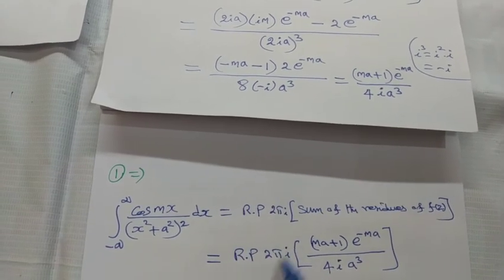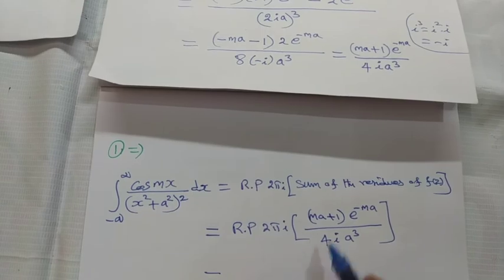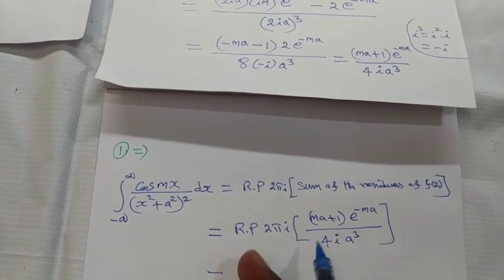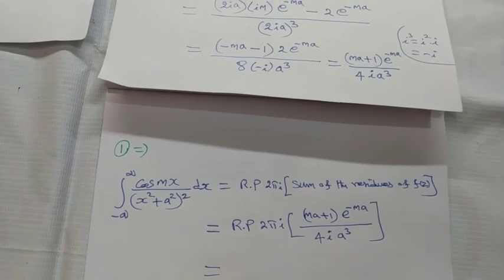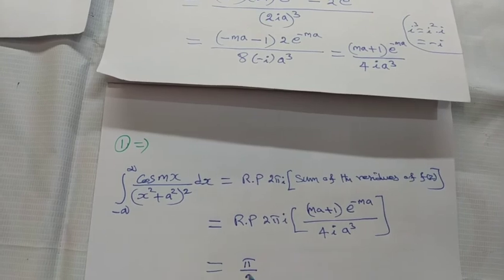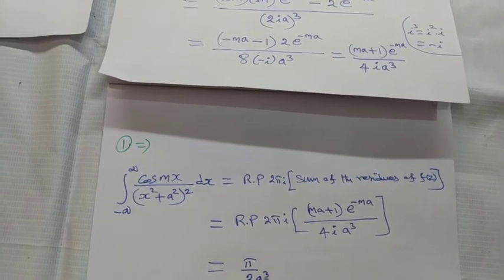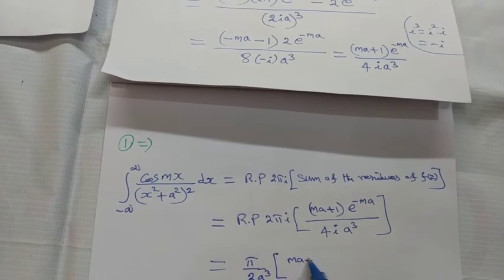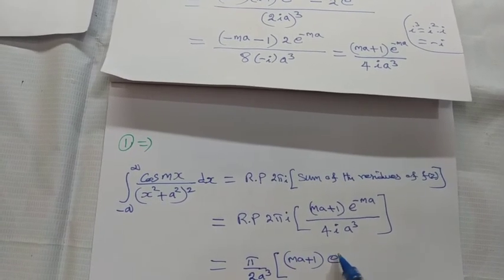Okay, so i cancels. So after cancelling i, there is no imaginary term, only a real term. So collecting the real term, we get the answer. So i cancels, 2 cancels, so pi by 2 into a cube of (ma plus 1) into e power minus ma.